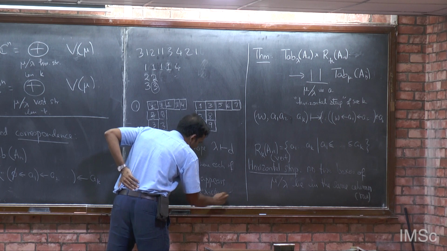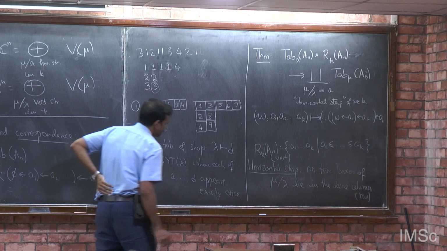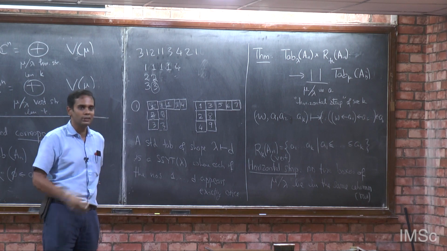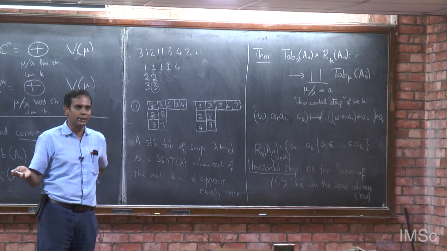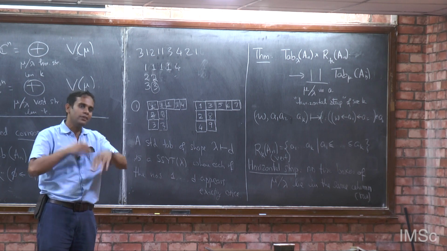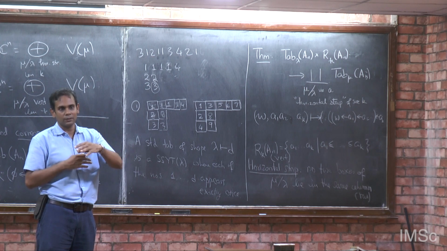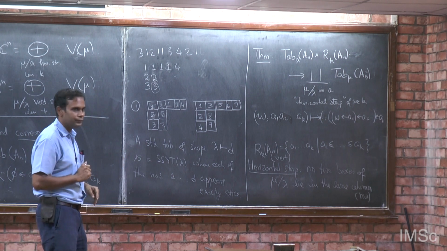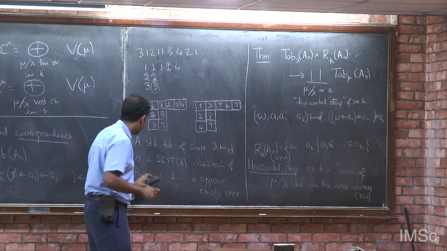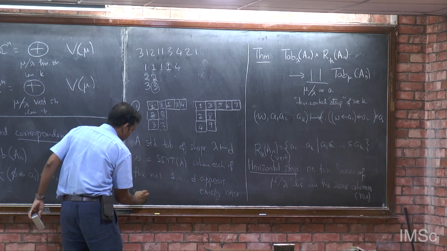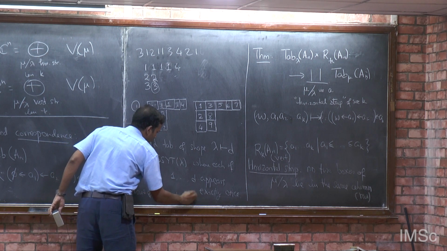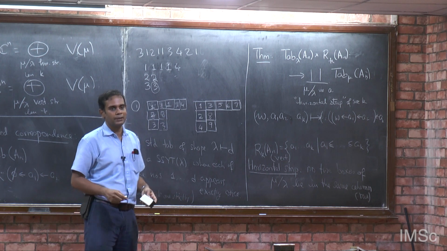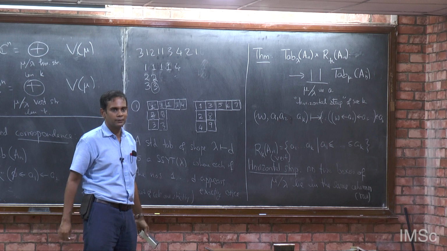Of course, this is a somewhat perverse definition, because it is easier to define a standard tableau. It is just a filling of the boxes of a Young diagram with distinct numbers 1 to D, such that the rows and columns are both strictly increasing. It is symmetric with respect to rows and columns. Or in other words, rows and columns are strictly increasing, there are no gaps in the numbers that appear, and no number is repeated. Each number appears exactly once.